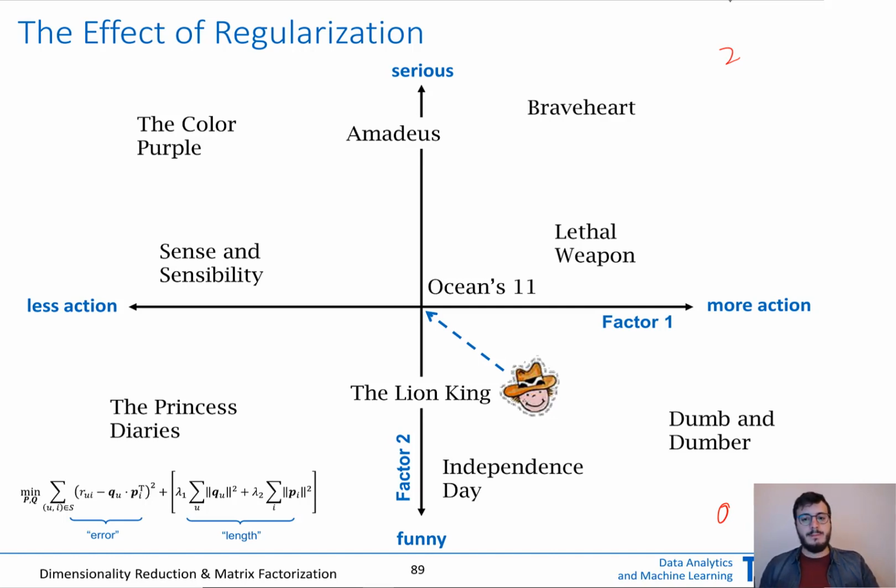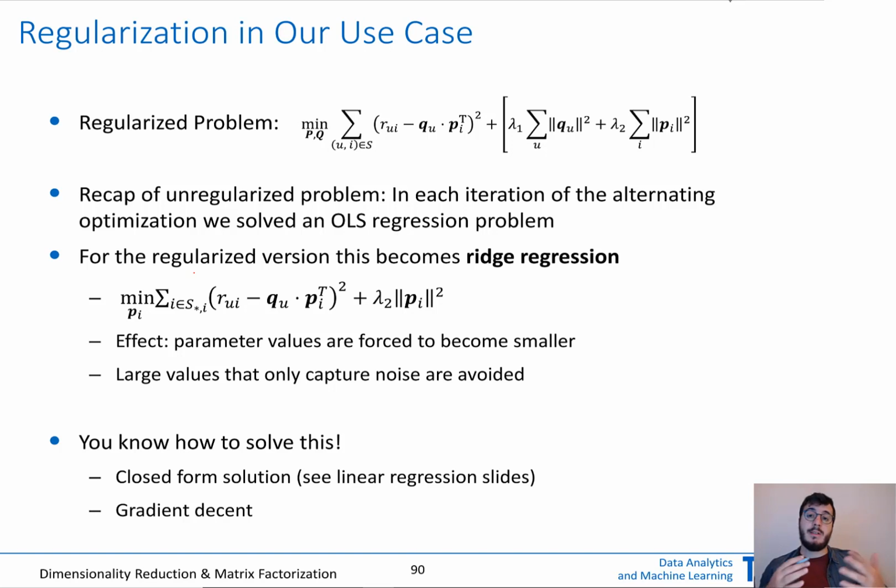Okay, let's see how the regularization now plays out when we plug it into the alternating optimization procedure, which we discussed in the previous slides. Here again, I repeat how the regularized problem looks. We have the same thing from before, plus these two additional terms.